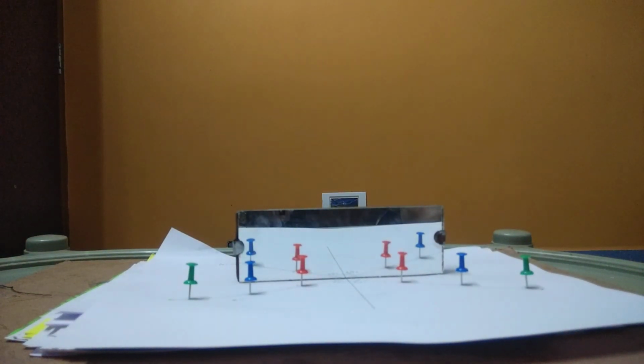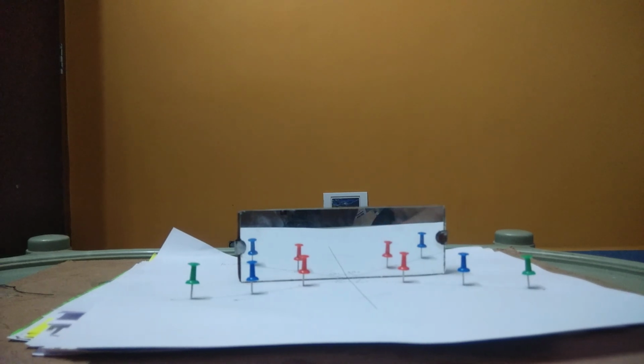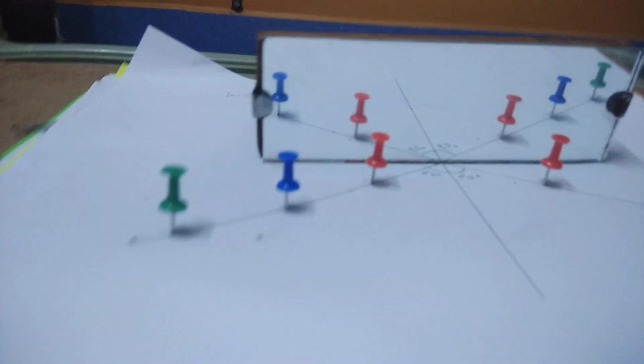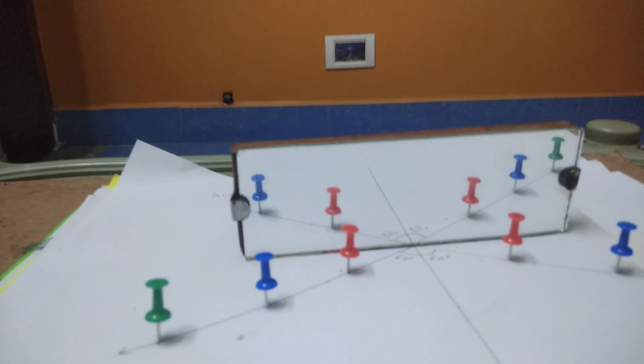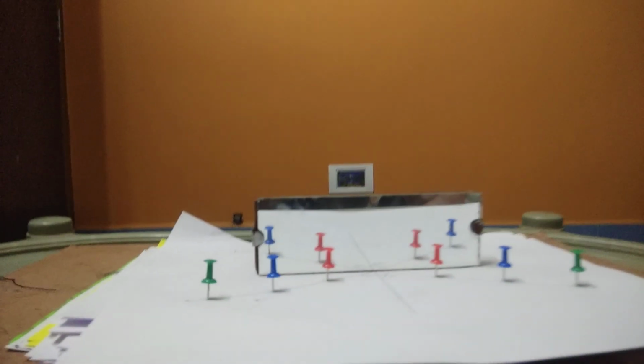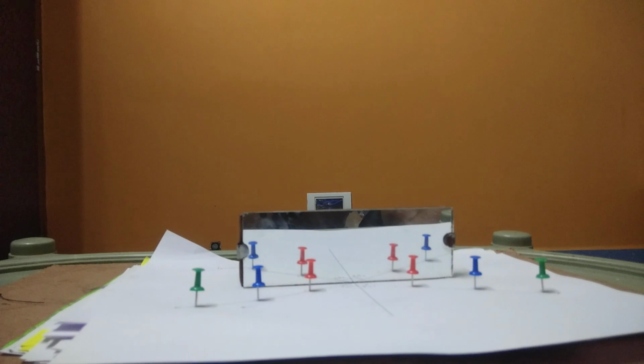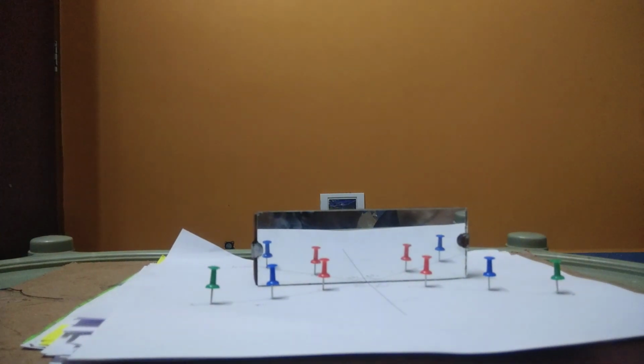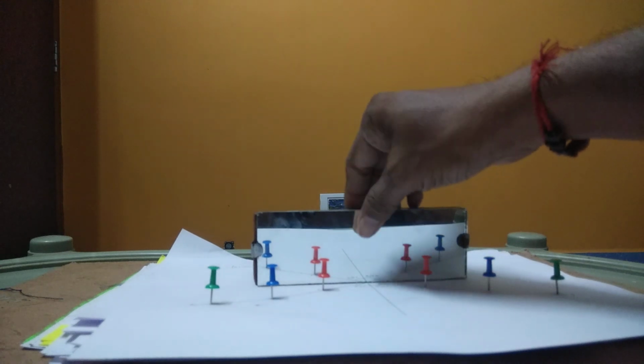If you measure, you will find that the angle is 60 degrees. Let us take the pins out and measure the incident angle and reflected angle, and let us find what we get.